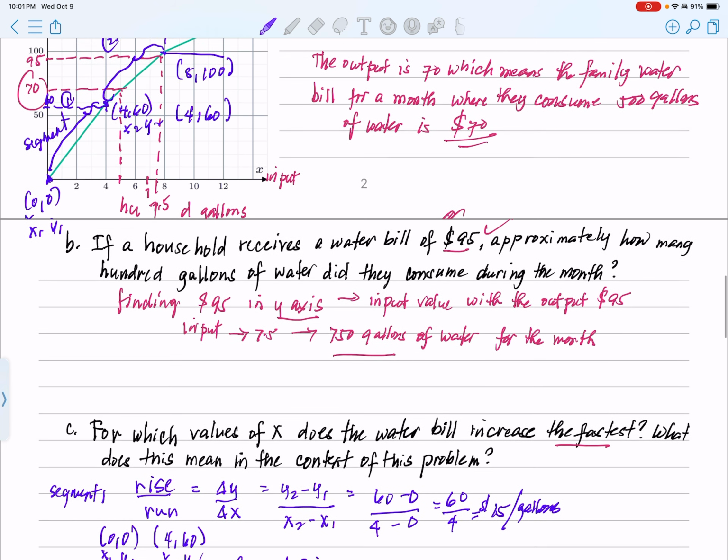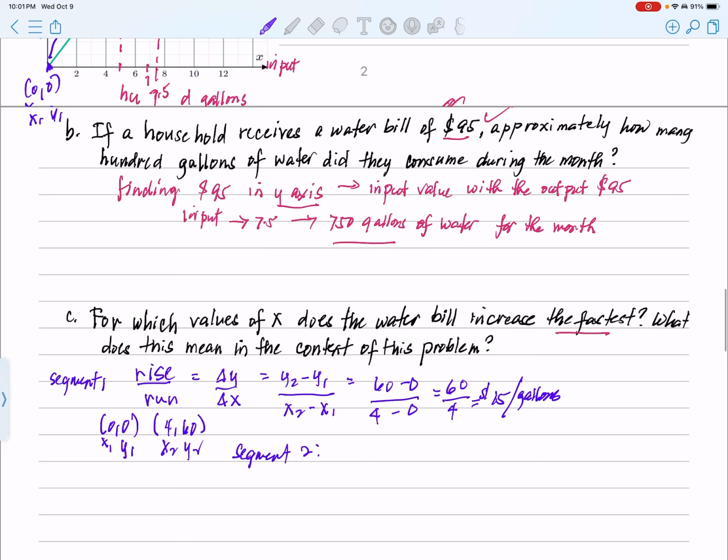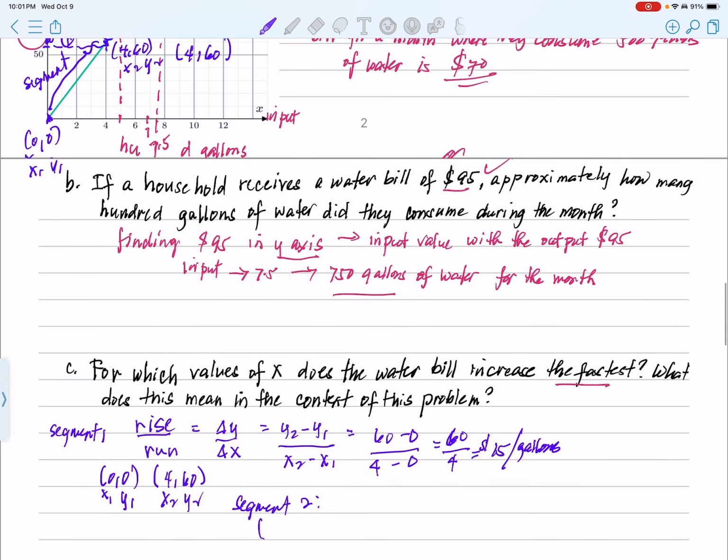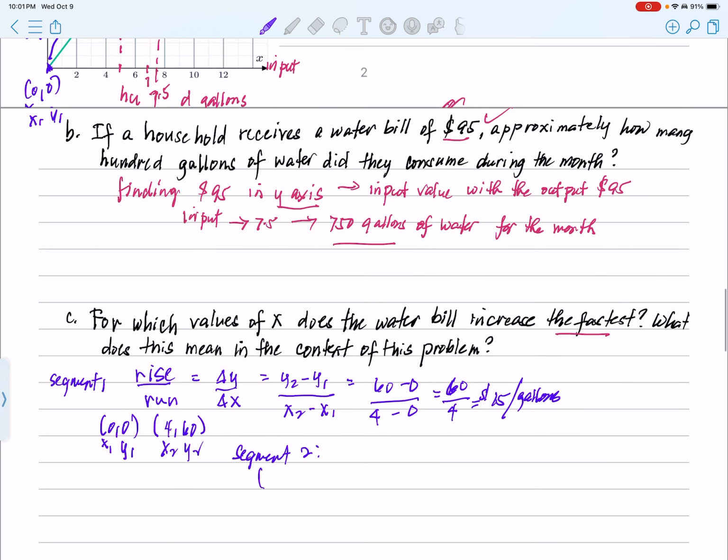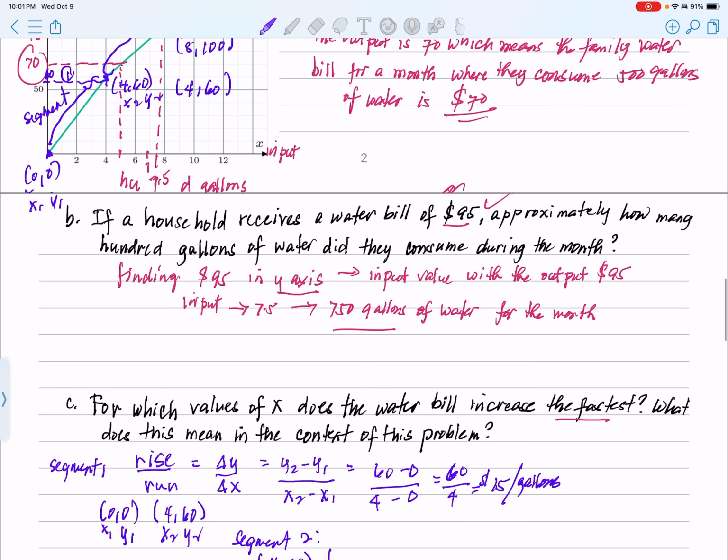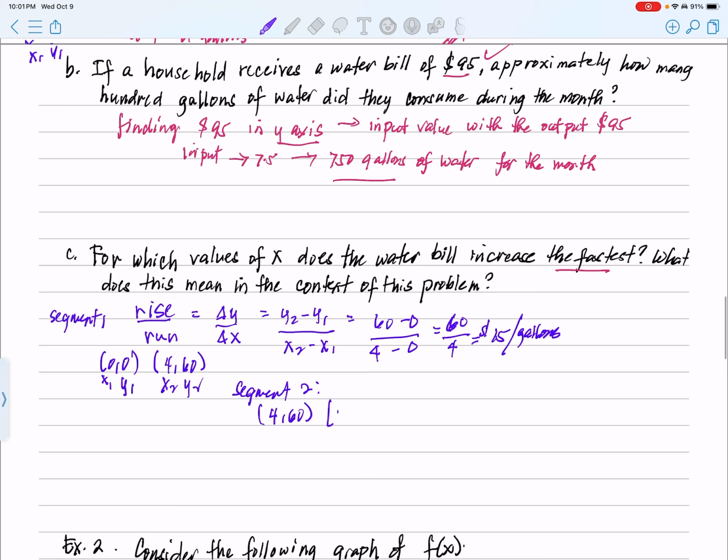So our coordinates, we have 4, 60. And when it's 8, we have 8, 100. So this is x1, y1, x2, y2.